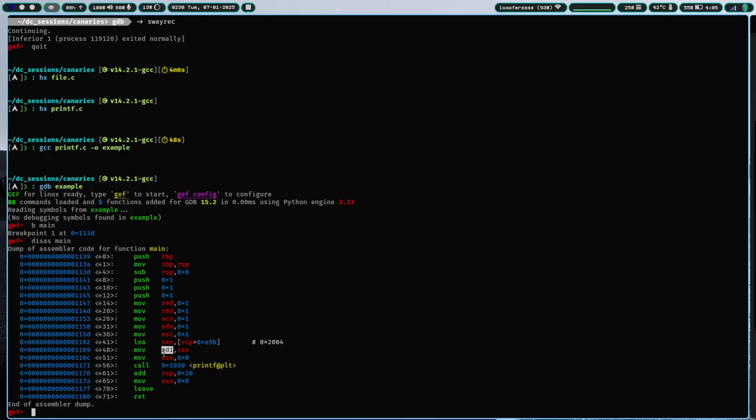That is very obvious. The first argument is in RSI, so they moved it to ESI for smaller instruction encoding. Then EDX, as we see EDX, ECX, R8D, R9D. I think R8D and R9D are just smaller 32-bit encodings of R8 and R9.